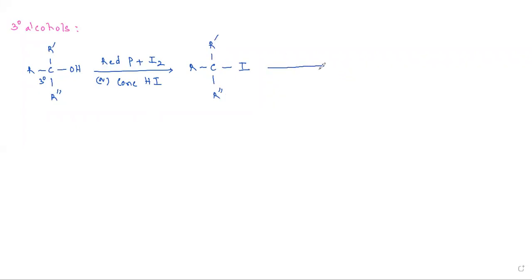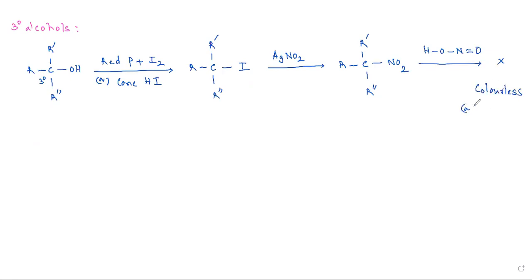Now with silver nitrite, this is what. And see when treated with the nitrous acid, you cannot eliminate anything, right? With either OH, you don't have anything to eliminate on the carbon. Even with this also, you don't have anything to eliminate. So just no reaction. This is what we say colorless or white.